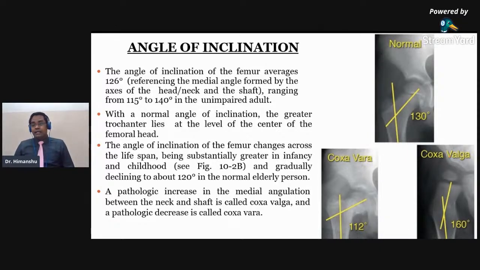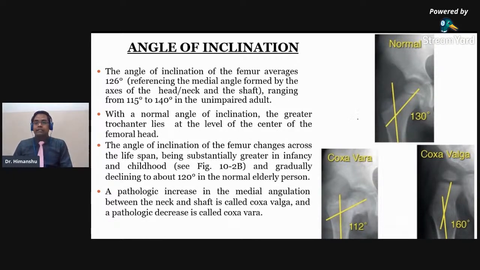So the angle that the head and neck, a line passing from the mechanical axis or mid axis of the head and neck, forms with an axis that passes through the shaft of the femur, that is your angle of inclination. It tells you how much the head and neck of the femur are inclined in the frontal plane.